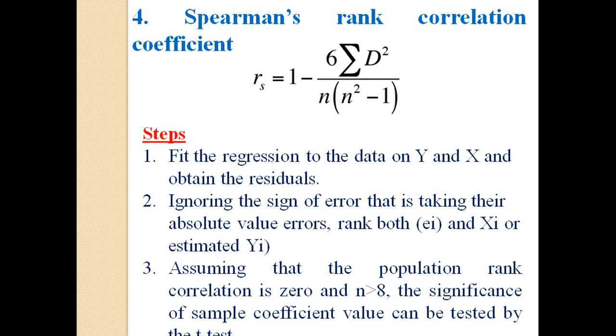If the correlation between the error values and the explanatory variable is 0, you should conclude that there is no heteroscedasticity problem, only homoscedasticity. If the sample size is more than 8, we consider that the significance of the sample coefficient value can be tested by the t-test. Whatever coefficient value we get for the explanatory variable, the x variable, should be tested by the t-test.